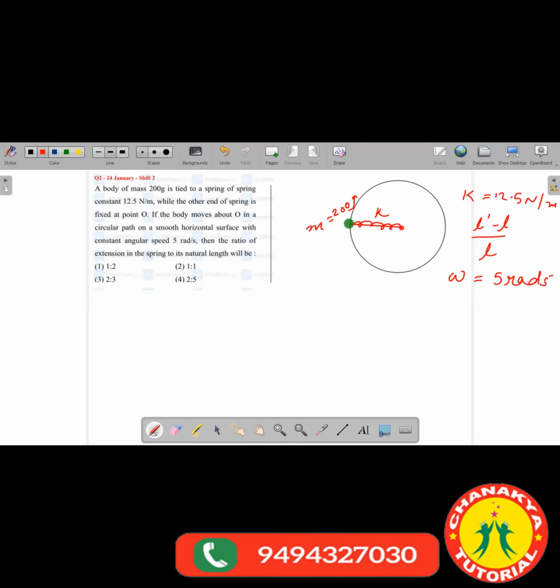So any ideas how we can utilize the given information? Okay, first of all, tell me why will there be an extension produced in the spring?